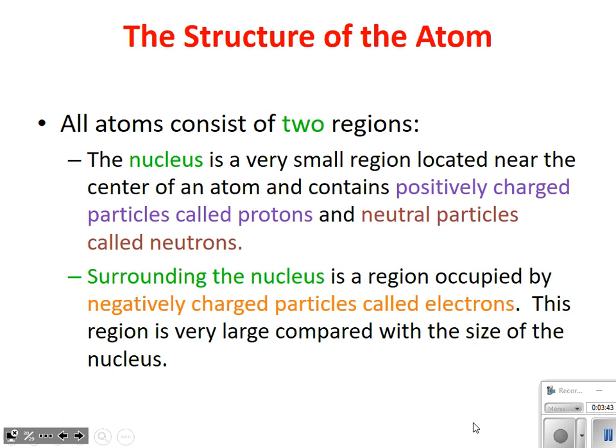And then if you remember, Bohr stated that these electrons are orbiting the nucleus. So these are combinations of all three of those gentlemen with the atomic theory. So we have a nucleus, and an area surrounding the nucleus that has negatively charged electrons.